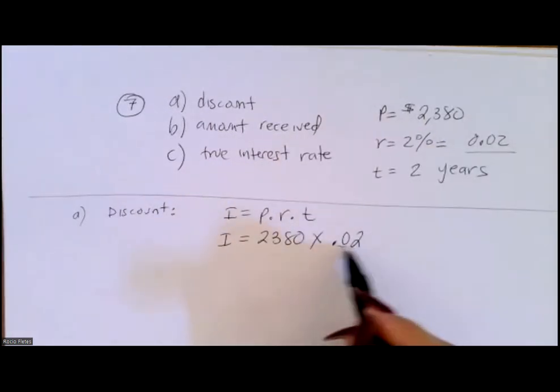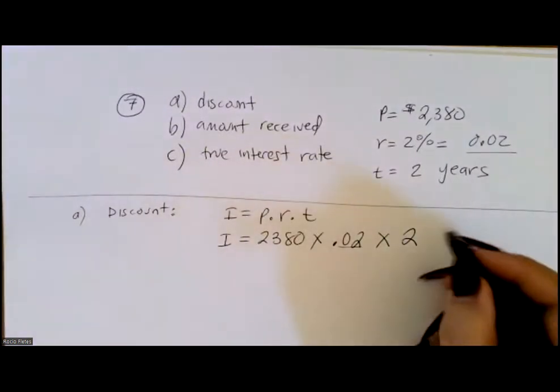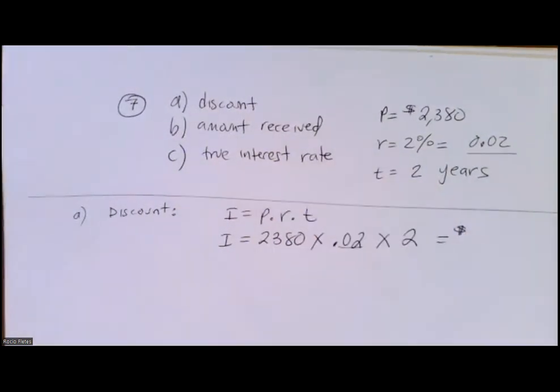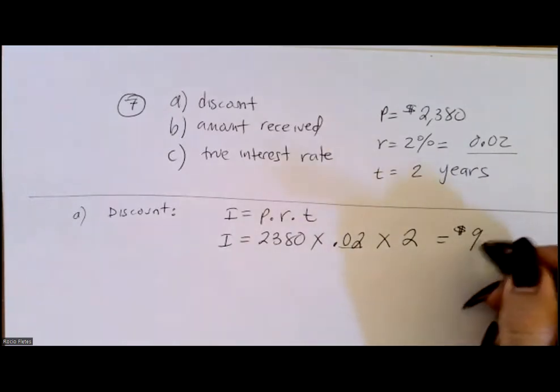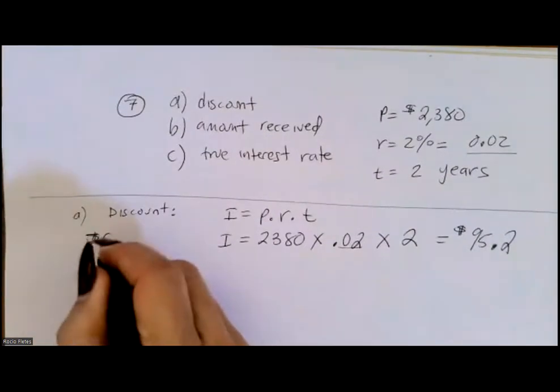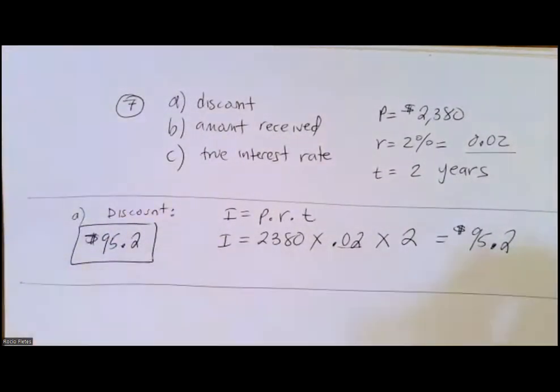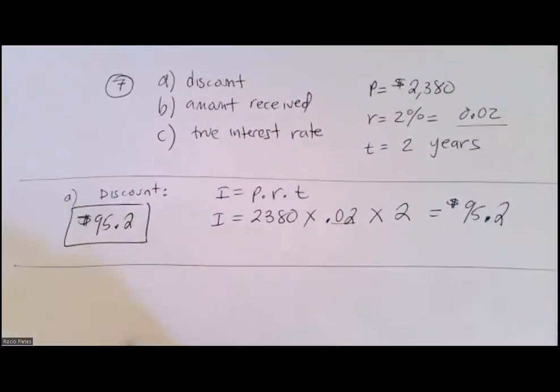It can be written either way, times 2 for years. And so you get the amount for the interest there, which is 2,380 times 2% times 2, which is $95.20. So that's the discount amount.